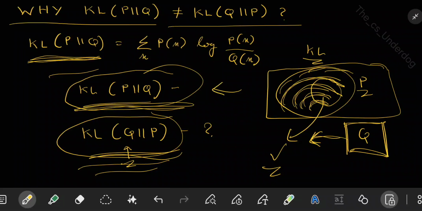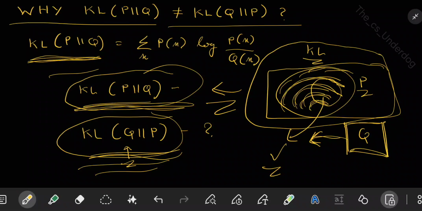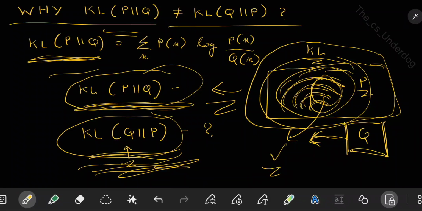In the first case of KL of Q from P, you explained the whole rainbow along with a few additional things that you created in your mind. In the other case, KL of P from Q, you saw the rainbow, you did not add any additional information, you did not create anything, but while explaining, you did not explain the whole rainbow. You just explained one part of it. Okay. So this is one way of understanding how it works. That's why I explained this way. That is it. This is the reason why KL of Q from P is not the same as KL of P from Q.